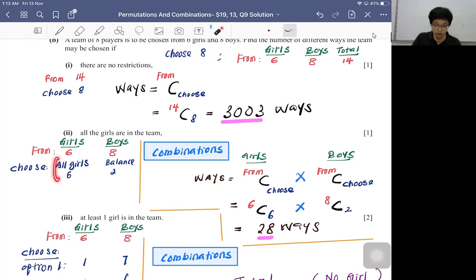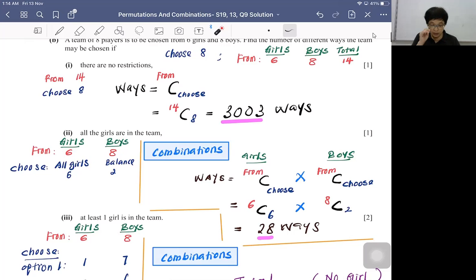Therefore, from all the 6 girls, 6 must be chosen. And that leaves, for the boys, out of the 8 players in the team, only a balance of 2 vacancies to be filled in by the boys.